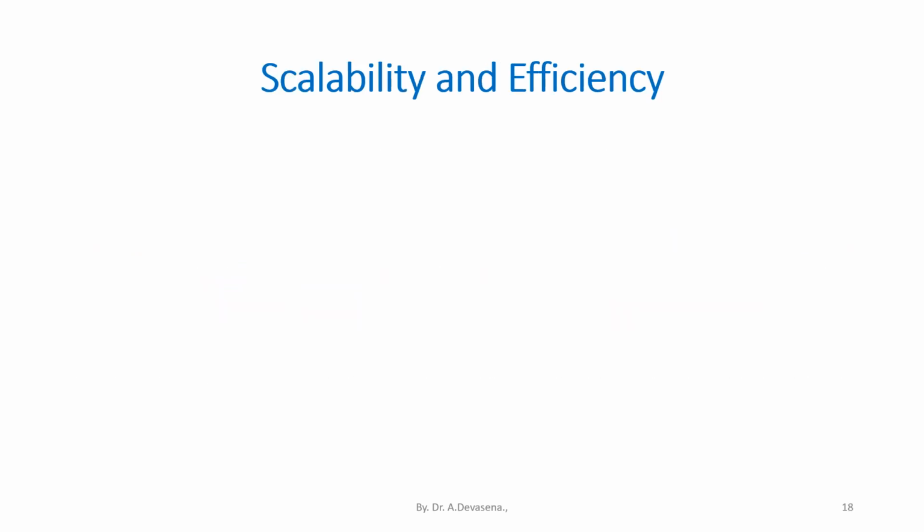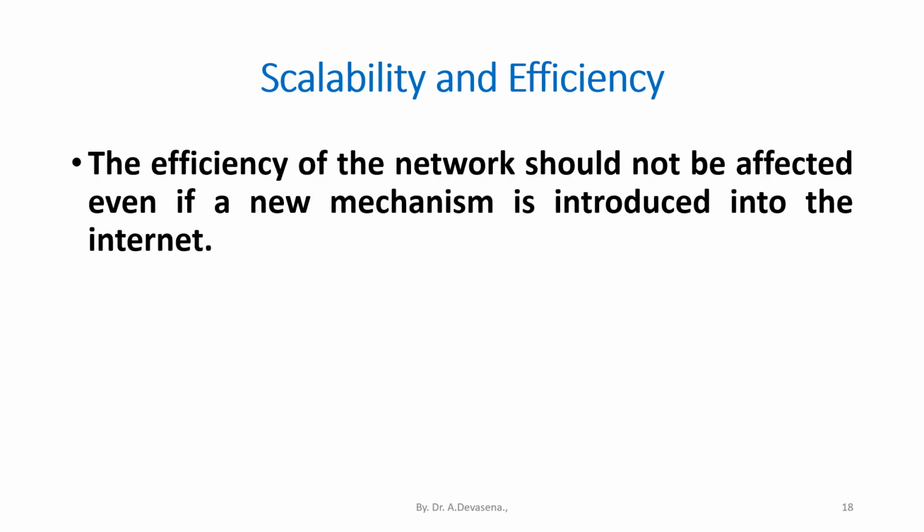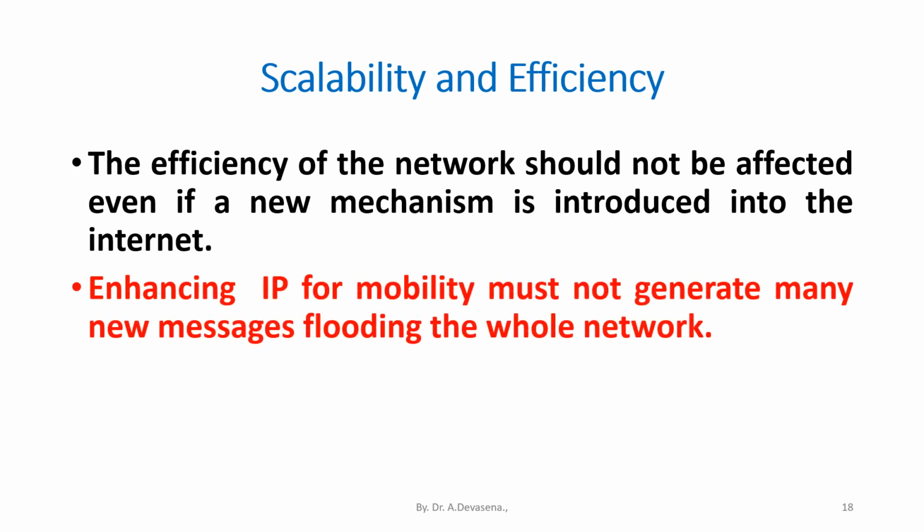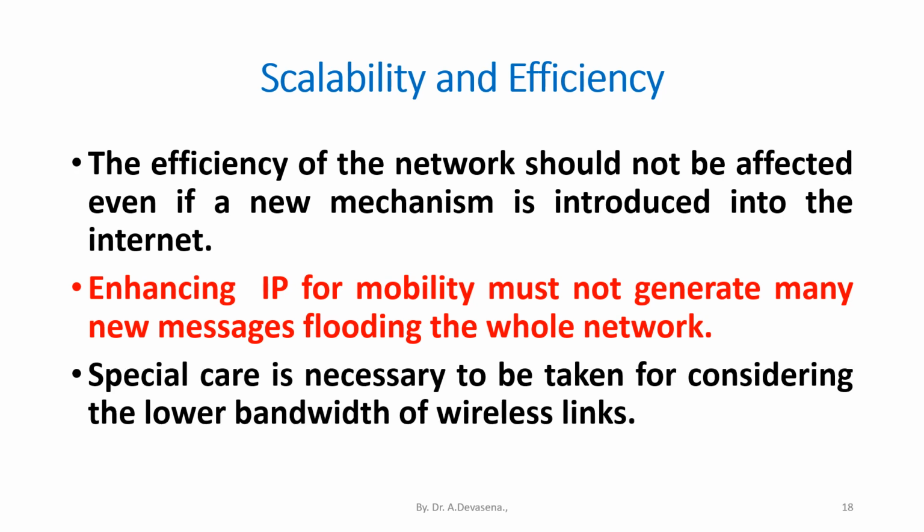And efficiency. The efficiency of the network should not be affected even if a new mechanism is introduced into the internet. Enhancing IP for mobility must not generate many new messages flooding the whole network. Special care is necessary to be taken for considering the lower bandwidth of wireless links.